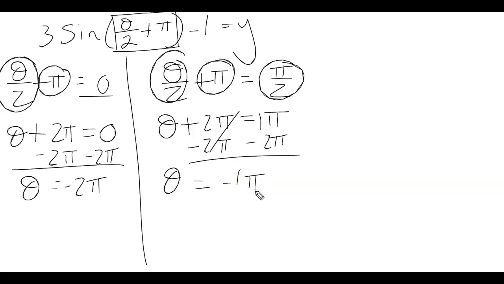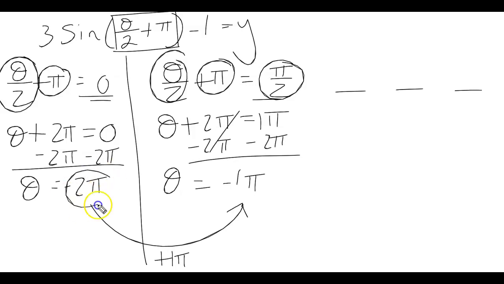So now this is where I'm going to use my pattern. Okay, if I'm going from negative 2 pi to negative 1 pi, that means I went up 1 pi. So if I just continue my pattern for the next few angles, 1, 2, 3, 4, 5, that means my next angle, if I go up again, if I add a pi to that, will be 0.